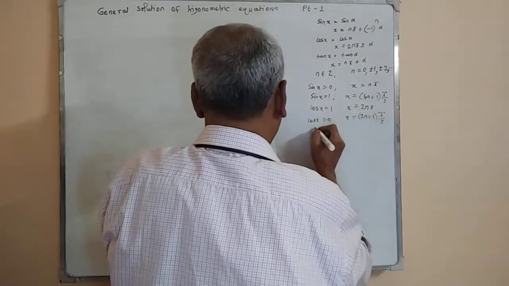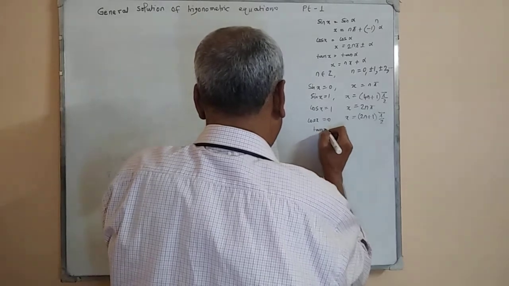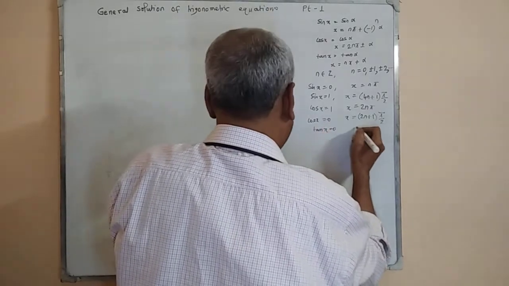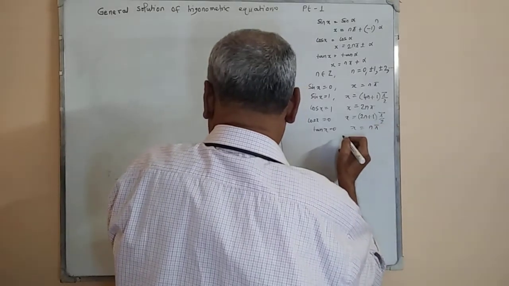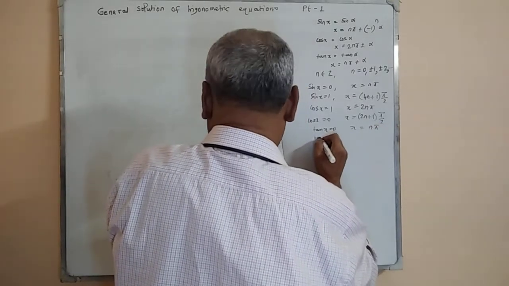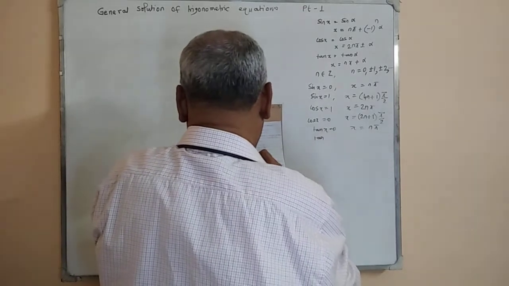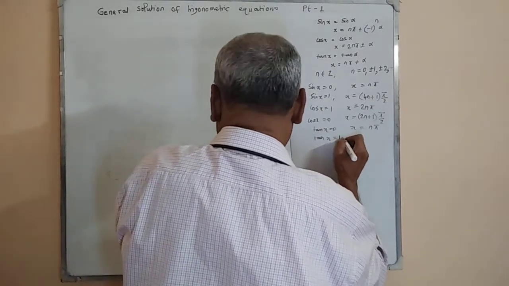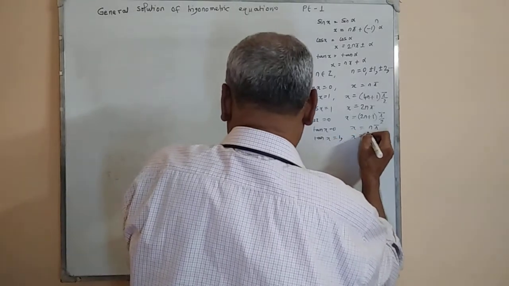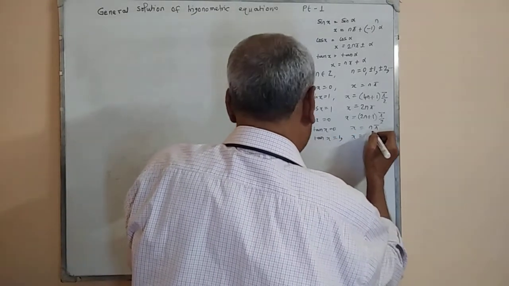Tan x is equal to 0, x is equal to n pi. And tan x is equal to 1, in that case x is equal to (4n plus 1) pi by 4.